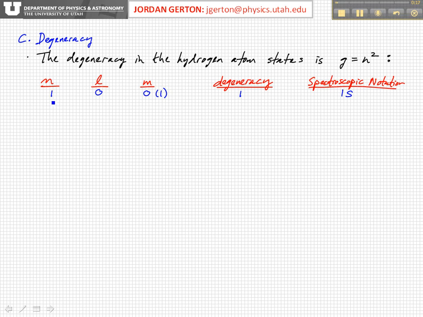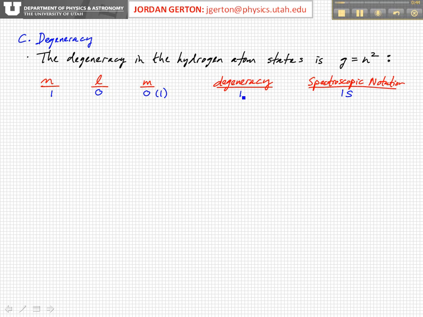When our principal quantum number n is 1, then L can only go from 0 to n minus 1, so it can only go from 0 to 0, that is, it can only be 0. And M sub L can go from minus 0 to 0, so it can only have one value. So the degeneracy here is 1: we only have one state, 1, 0, 0.